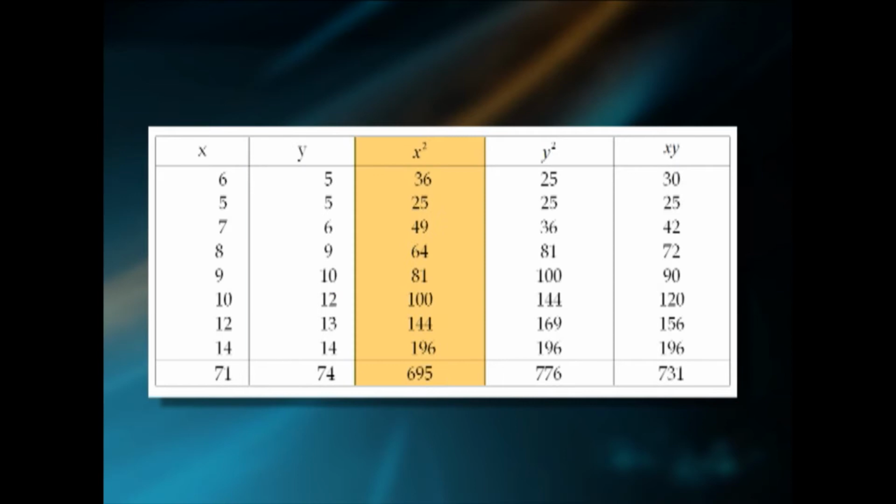X square values 36, 25, 49, 64, 81, 100, 144 and 196 with sigma x square 695. Y square values 25, 25, 36, 81, 100, 144, 169 and 196 with sum of yi square values 776.